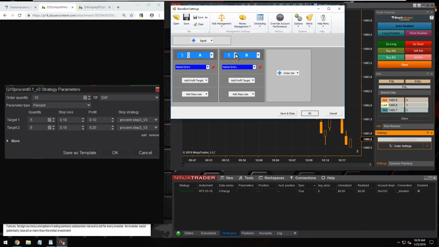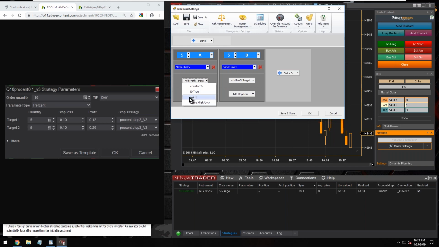So there we go. There's our quantities of 5 and 5. All right, so we're going to substitute an ATR in lieu of the percentage option here. So let's go to our first profit target, and we'll just pick from the quick list here.